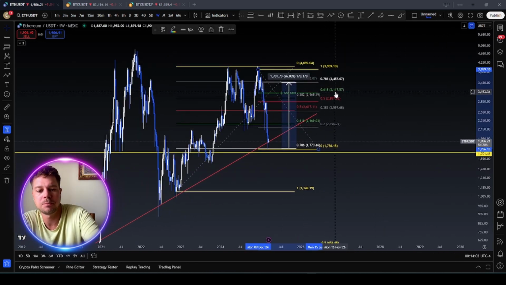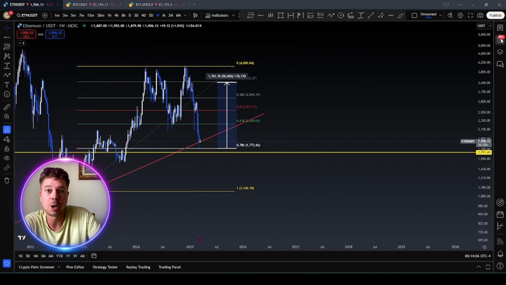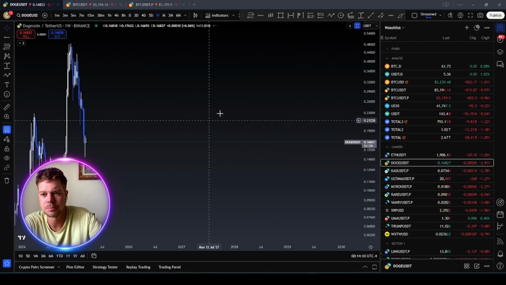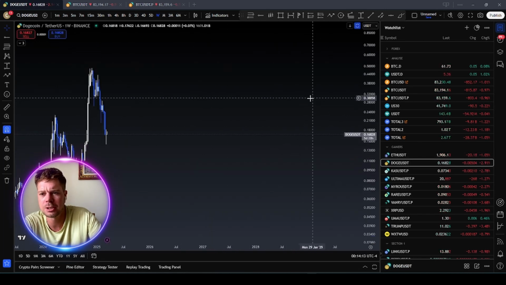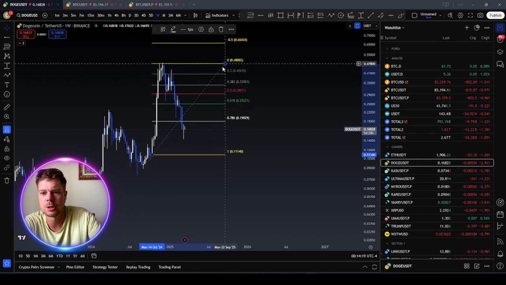So don't forget these altcoins, you know, they're in a crazy discount market at the moment. It's a very, very nice moment to enter. For example, if you go to Doge, same situation. We're on the weekly, we're retracing the 786 for Doge.